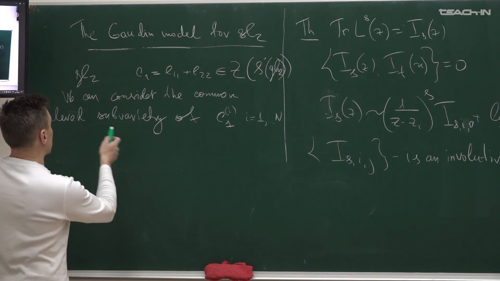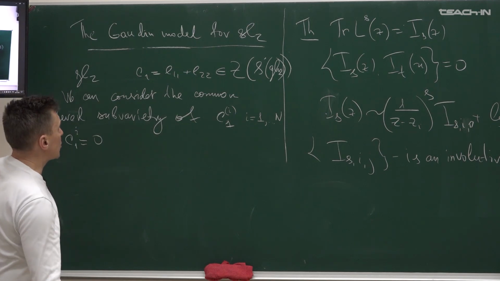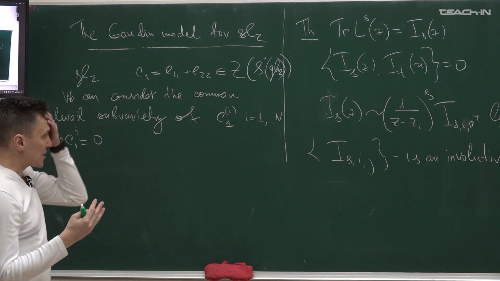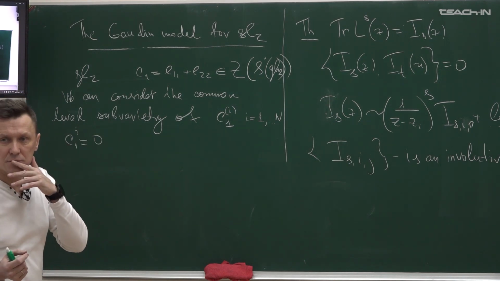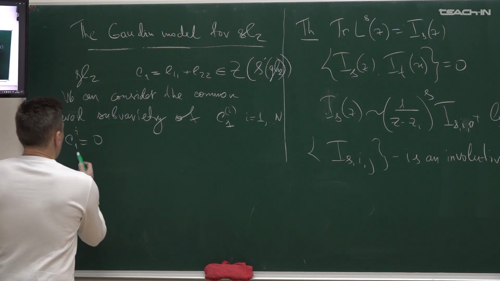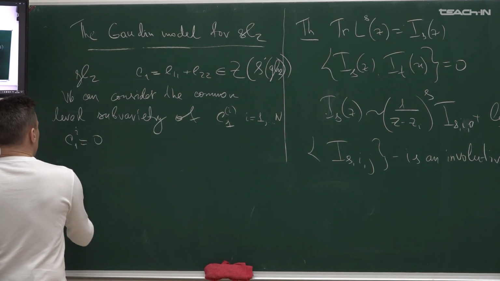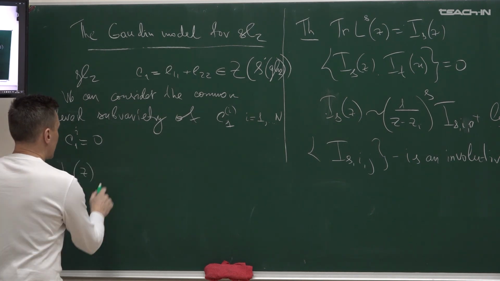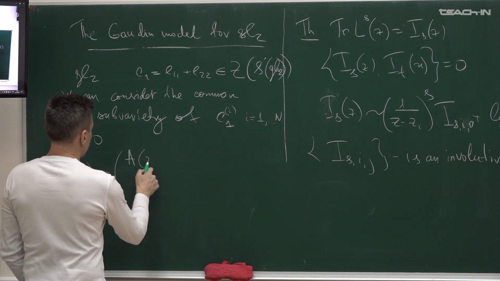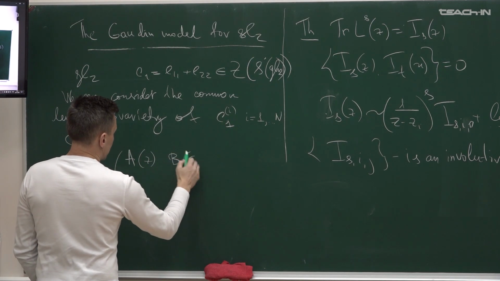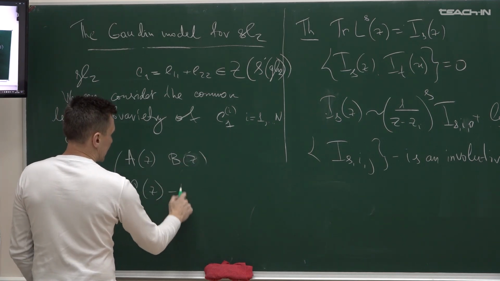And it means the subvariety C_1^i equals 0. So we can consider just the matrices, the Lax matrix with the zero trace. Okay. And in this case, I will use the notation that L(z), which is now the 2 by 2 matrix, is equal to A(z), B(z), C(z), and minus A(z).